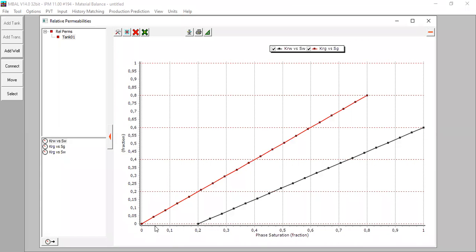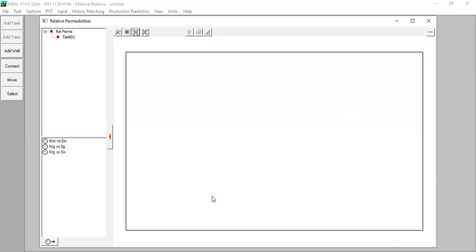So yeah, the red line is for gas. So it is gas relative permeability versus phase saturation, or for gas, so it is gas saturation. And for KRW versus water saturation, the black line. Okay, you can also plot like this.